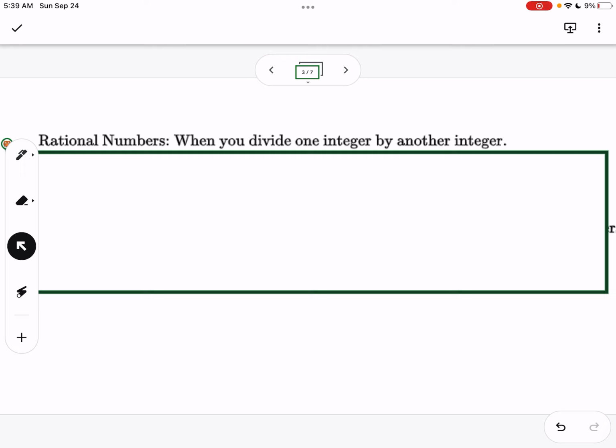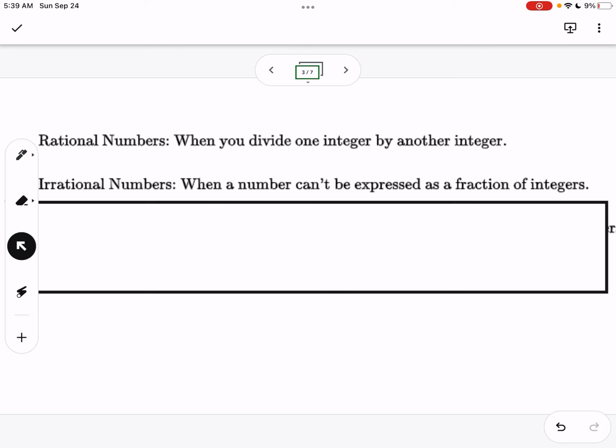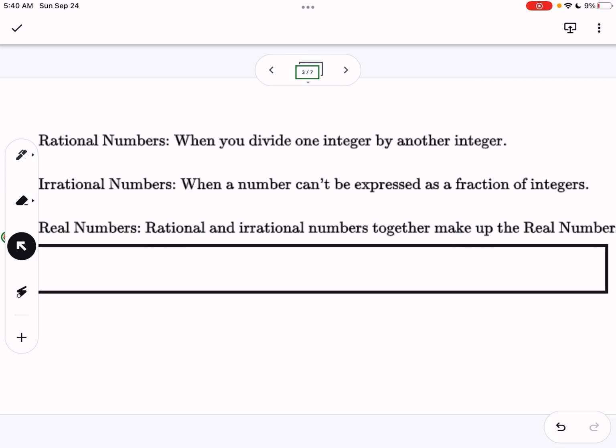An irrational number is when a number cannot be expressed as a fraction of integers. So examples are the square root of 2 or pi. Real numbers are all rational and irrational numbers combined.